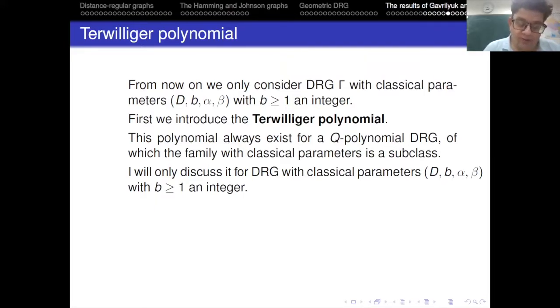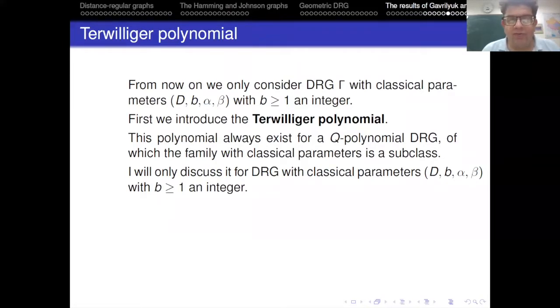For a distance-regular graph with classical parameters d, b, alpha, beta, where b is positive, the natural ordering of the eigenvalues is also a Q-polynomial ordering. Sometimes there is more than one ordering, but that happens only for b negative.